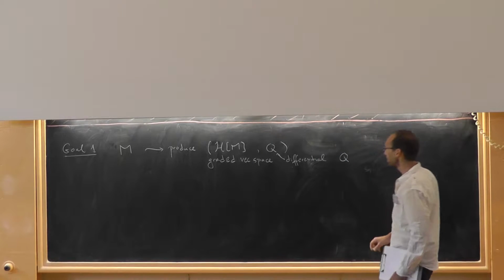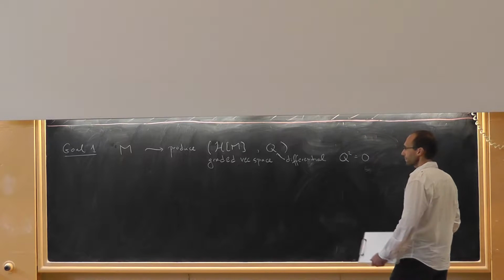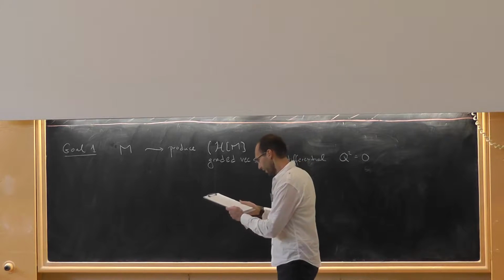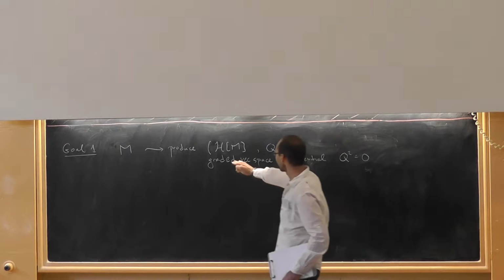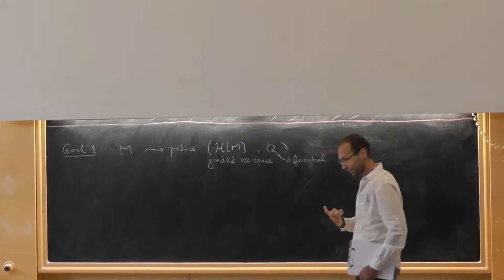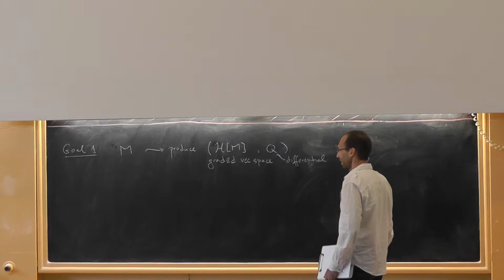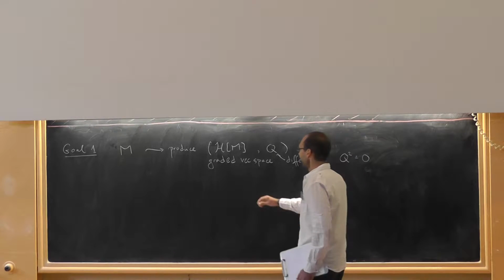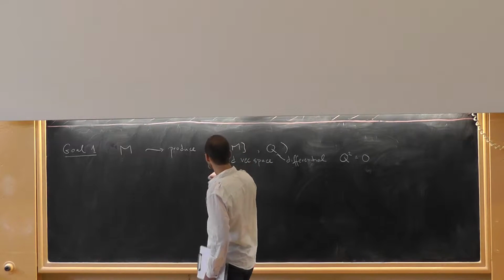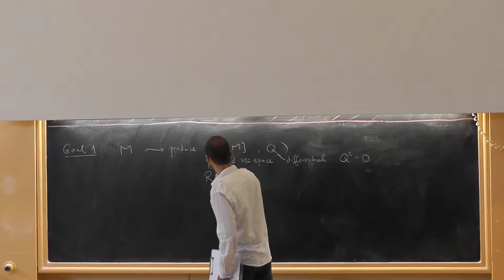In other words, some linear operator Q on the space that squares to 0. That has some properties. So to explain the properties, let me explain the gradings. There are two canonical ones and several extra optional ones that come about when M has a boundary. So the canonical gradings, I will call R and J.